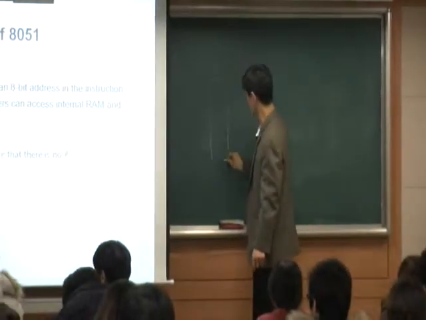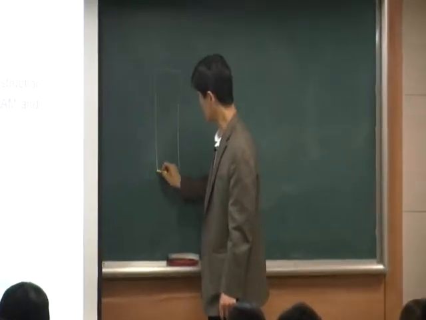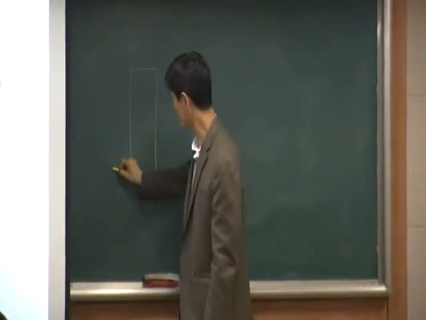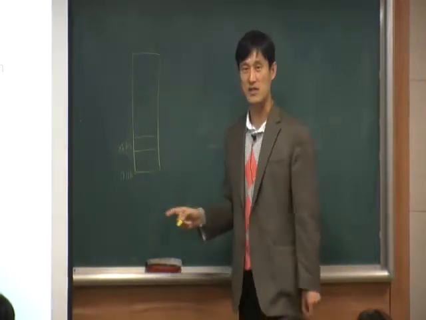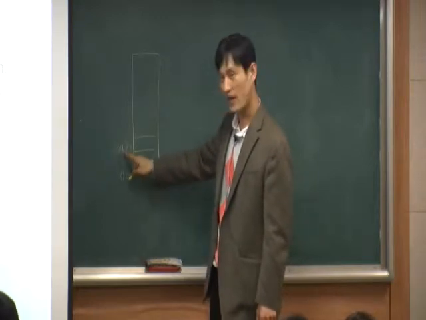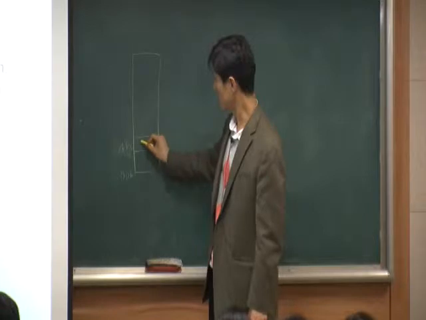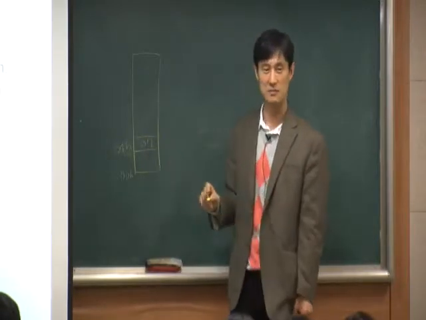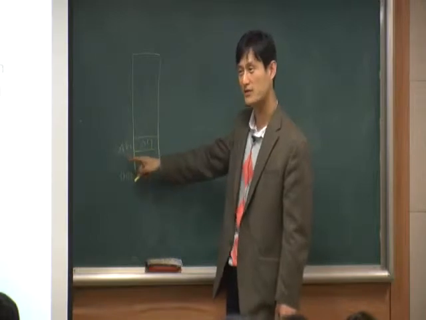This is a memory, and we have a value. This is the address, the 04H address. Since this is a memory, in this address we have some value, maybe 07, just an example. We have this value in the memory, in this address.